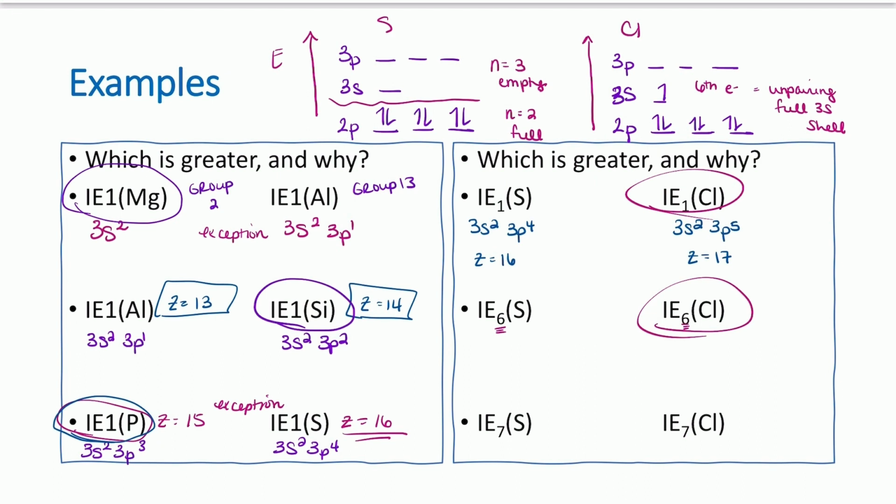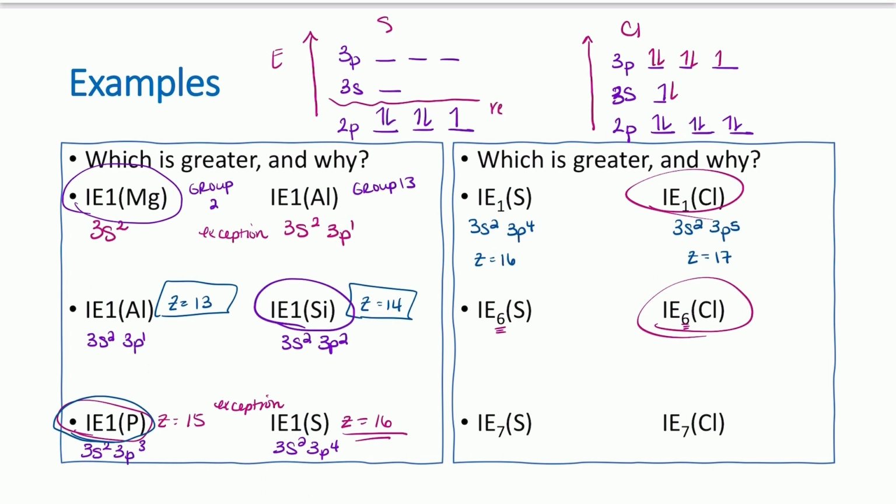What about the 7th electron? Well, let's add these all back in. And let's count backwards. 1, 2, 3, 4, 5, 6, 7.